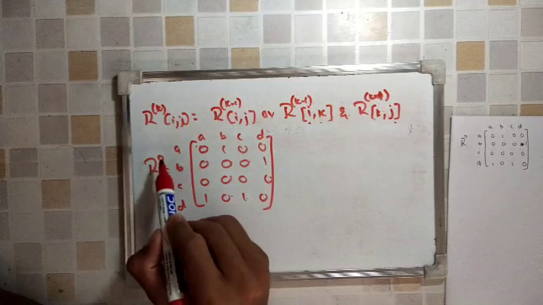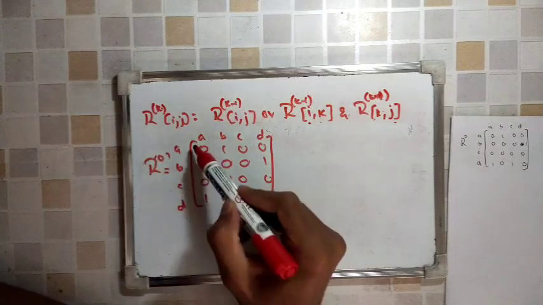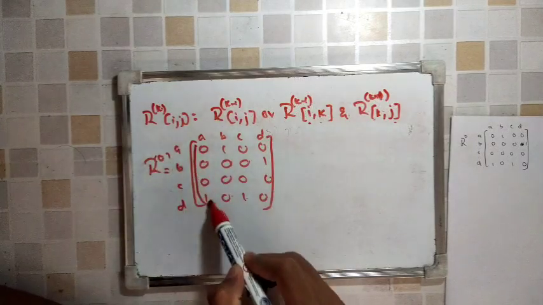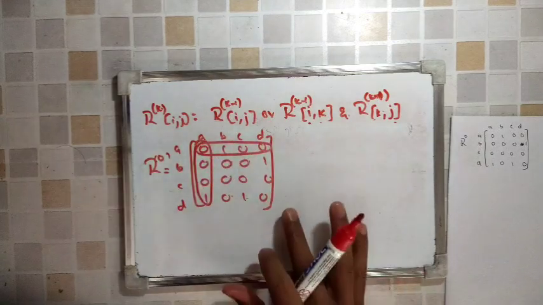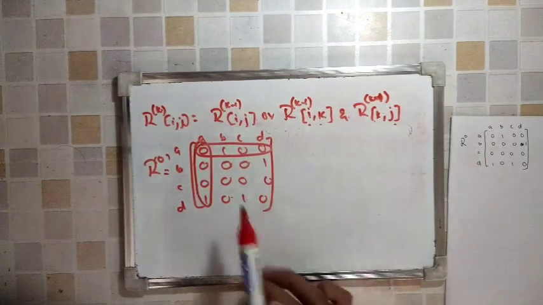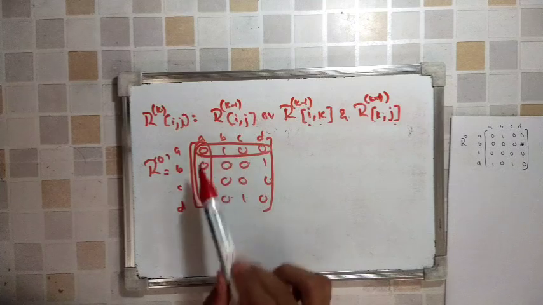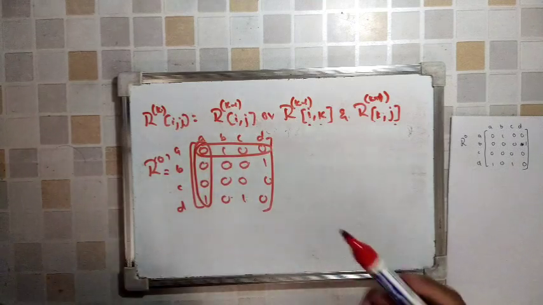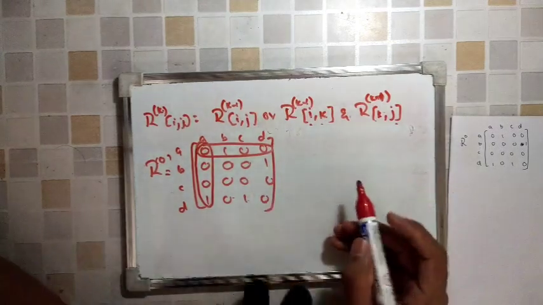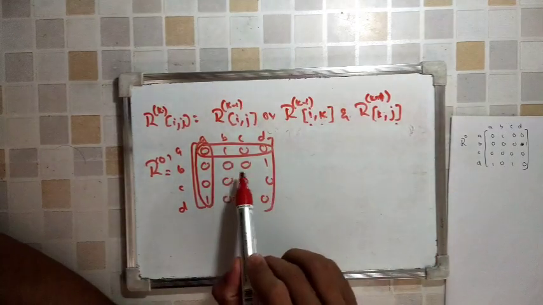So this is my R0, and this is K. Now what I will be doing, Warshall's and Floyd's are exactly the same. Comparing with the help of these two, I will be finding the path for the other places. To get R1, for each place I have to do this.